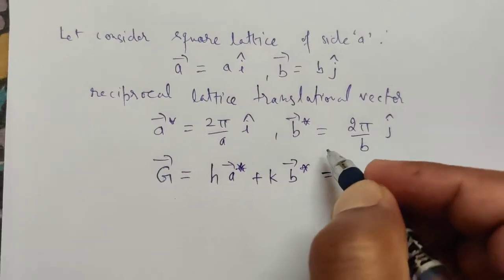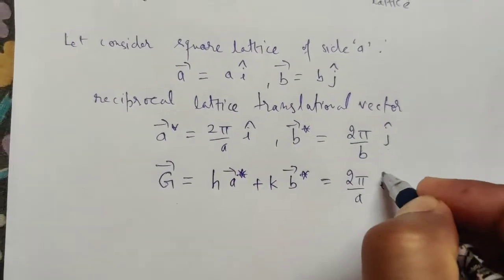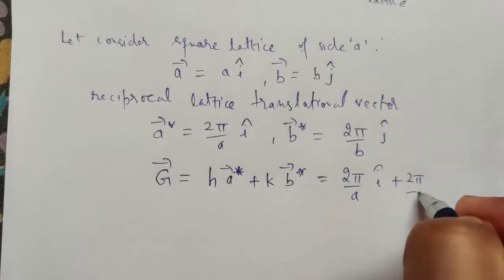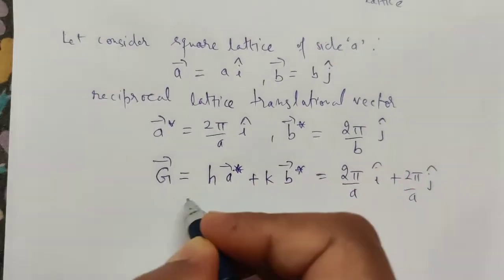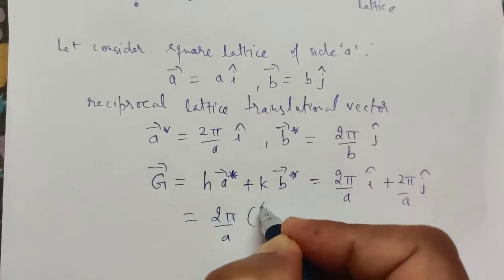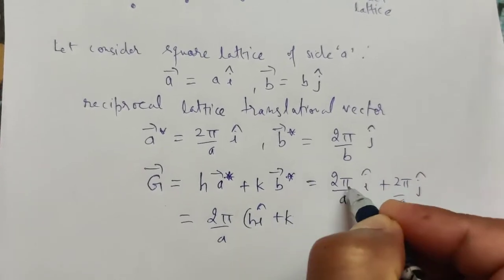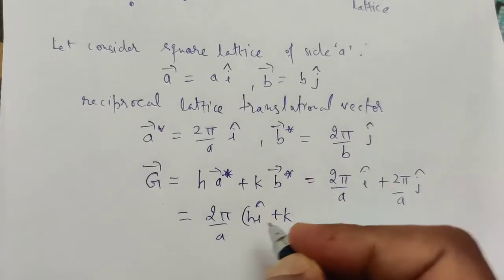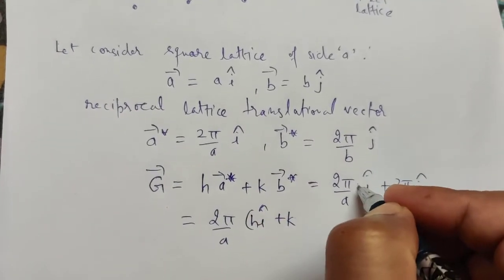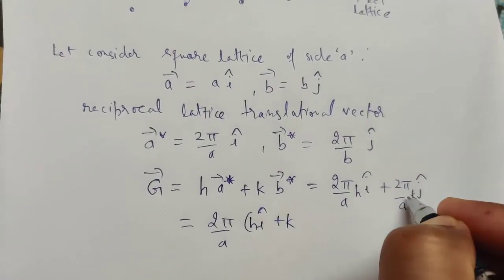If you put this value, this will be 2 pi over a h i plus 2 pi over a k j. So this will be 2 pi over a times h i plus k j. Here this is h, and this is k.